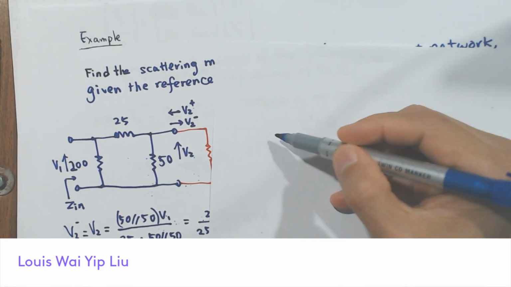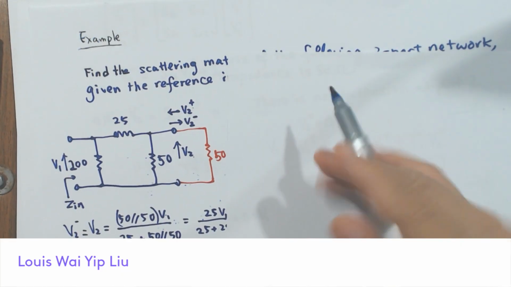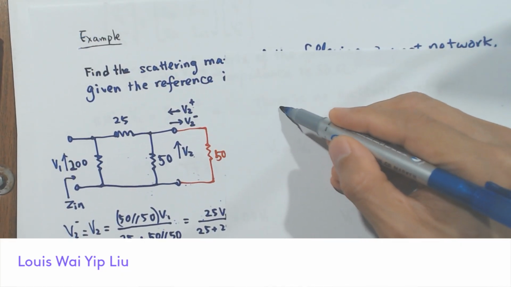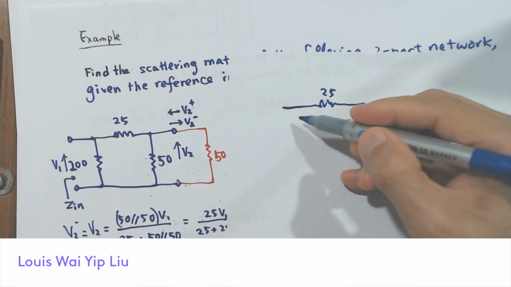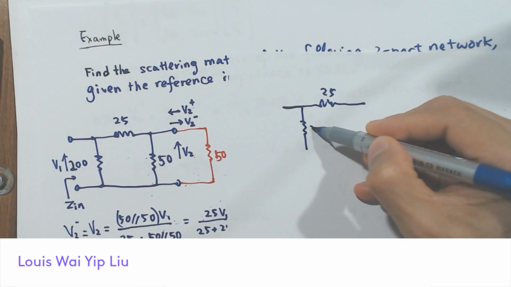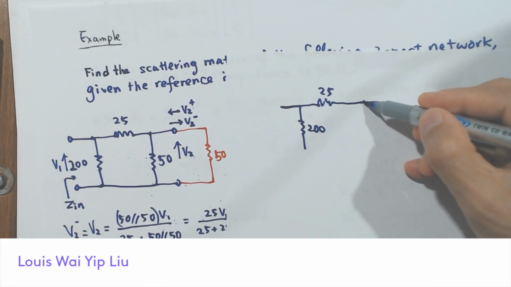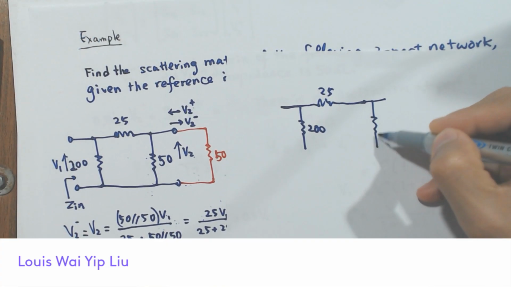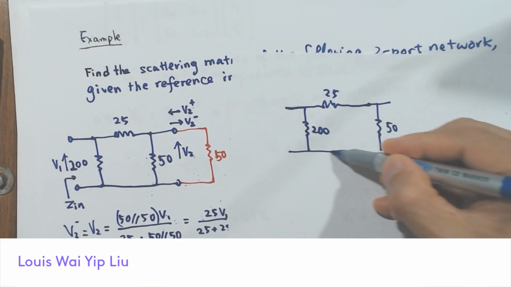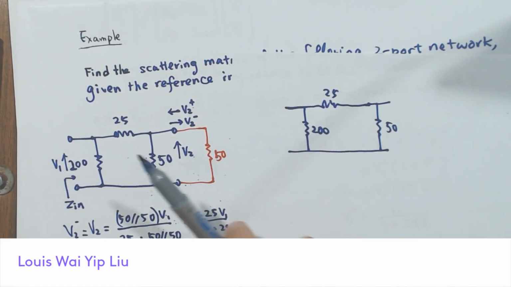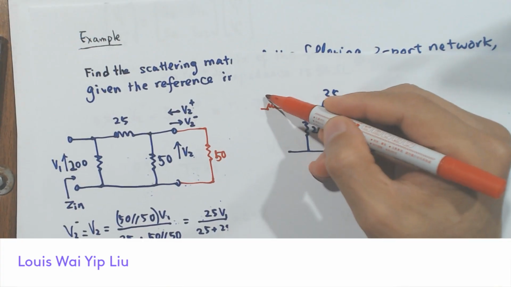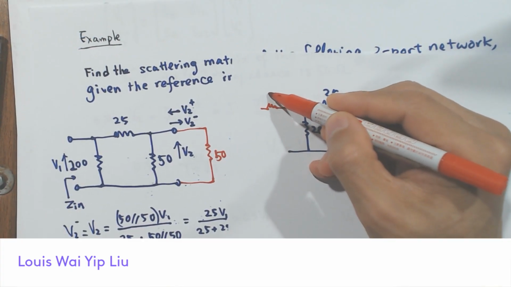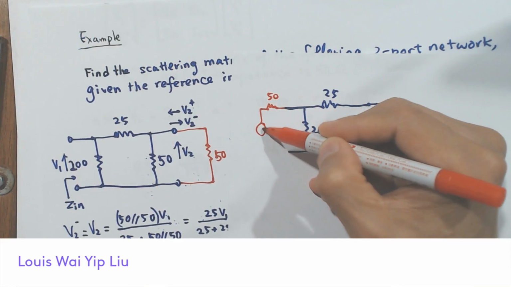So we are going to redraw the circuit here. 25, 200. So this is the original level. And now we are going to draw the source. So 50 ohm. And supposedly there is a source here.